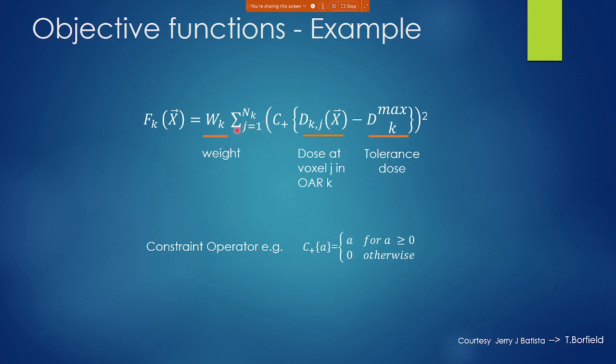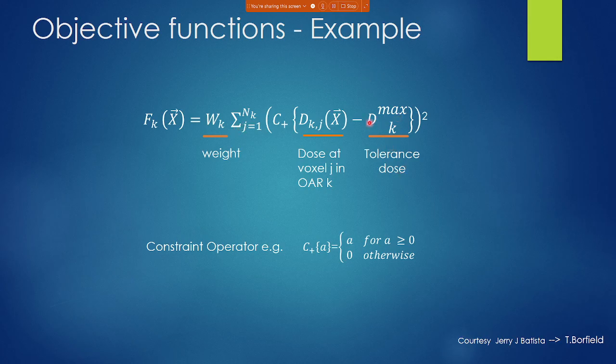What they do for doing this is the beam is split into beamlets, right? Small beamlets, and for each beamlet, which will go into a particular voxel in the CT, the dose at that voxel, that is the dose in the particular voxel where there is an OAR or the tolerance dose, right?